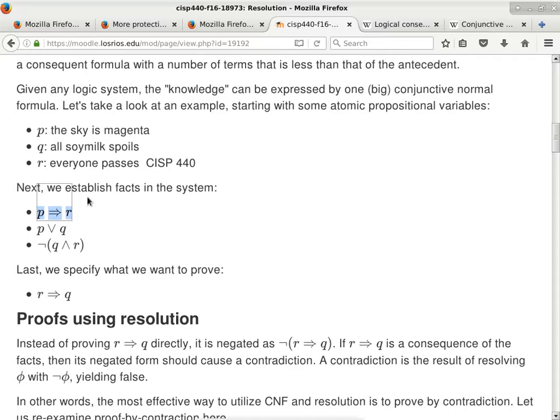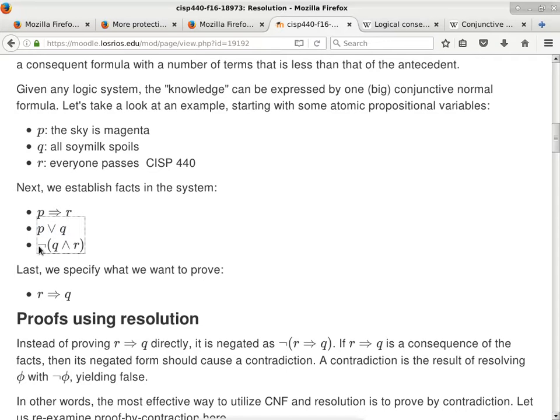And this is also known and established to be true: P or Q, which means the sky is magenta or all soy milk spoils. Apparently somebody did not put enough preservatives in the soy milk, so they all spoil.